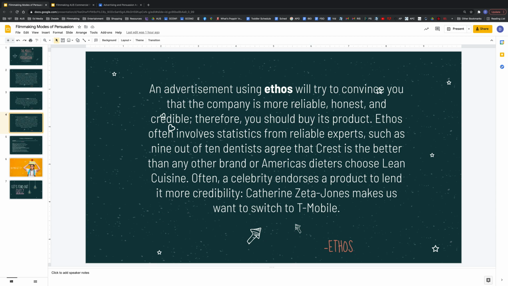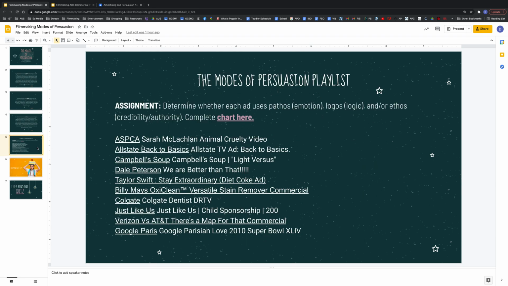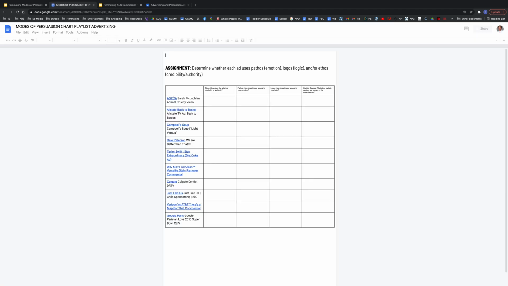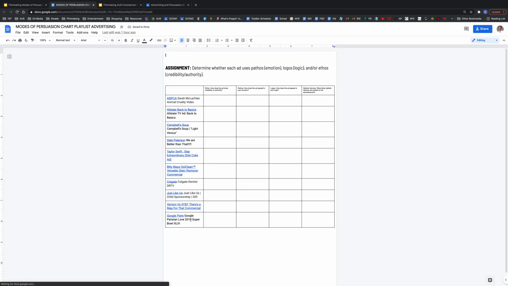So for this assignment, you're going to be filling out this chart that you can find here, hopefully. And I've just linked in a lot of pretty interesting commercials, and you want to explain why each ad demonstrates the following things. And keep in mind, not every ad is going to have ethos, pathos, logos. Most of them, well, all of them will have one. Some of them will have two.